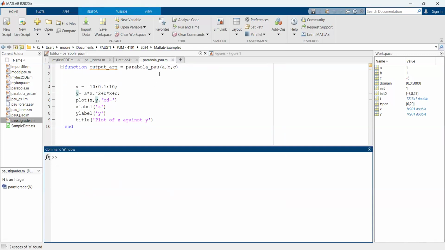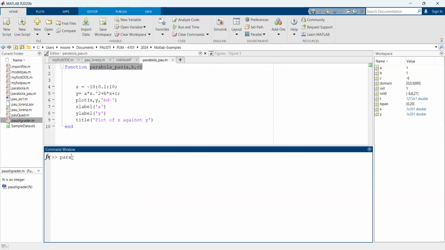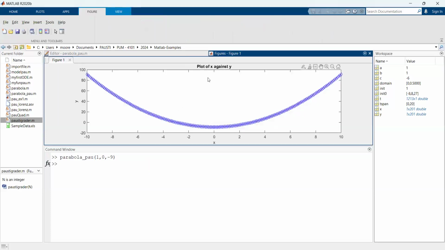In this case, since we are not expecting any output, we don't put any output here. So what you do is write parabola pow, and then you put in some values, let's say 1, 0, minus 9, for instance, and it plots, then you will see the plot. So this is the plot for this function.